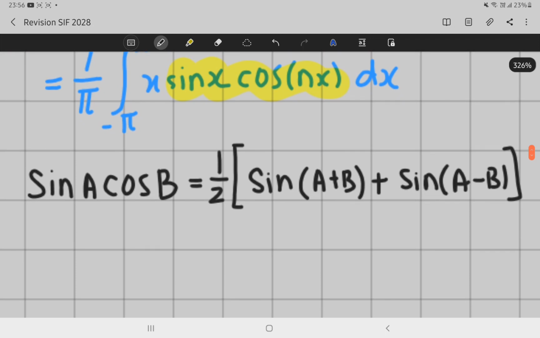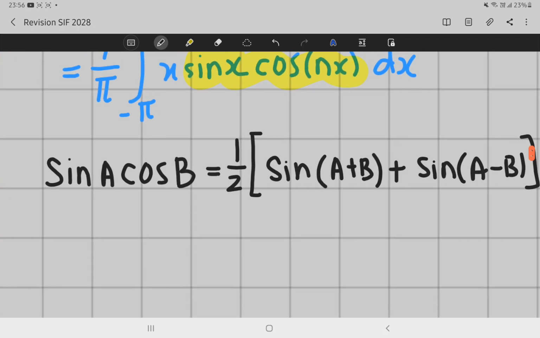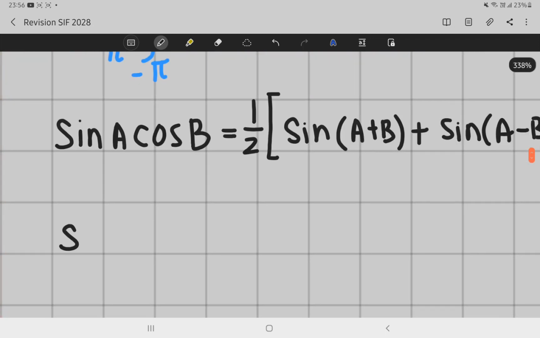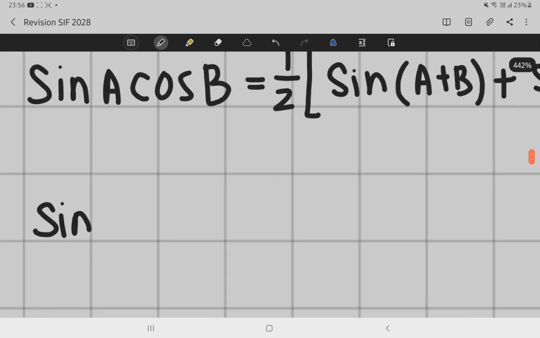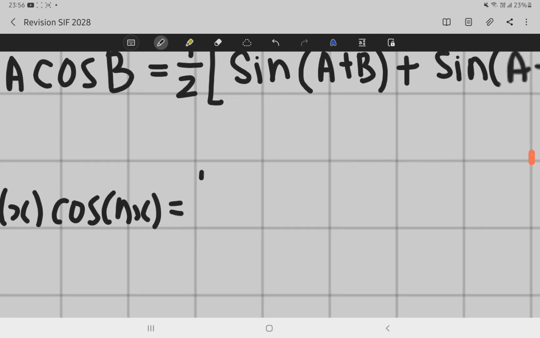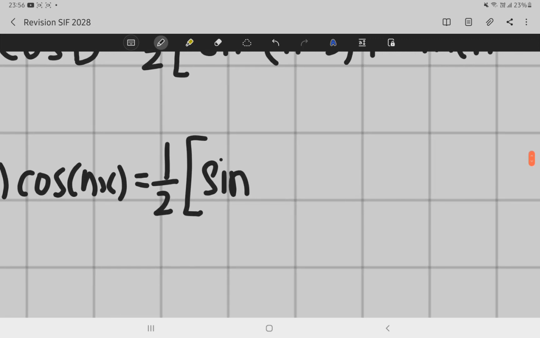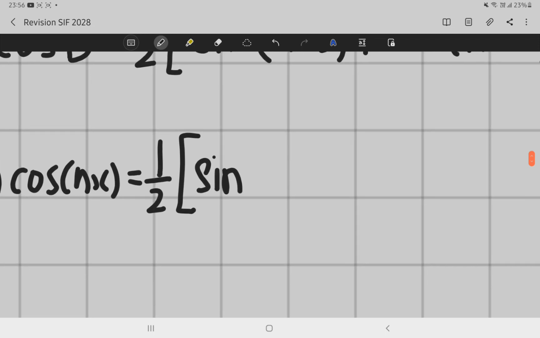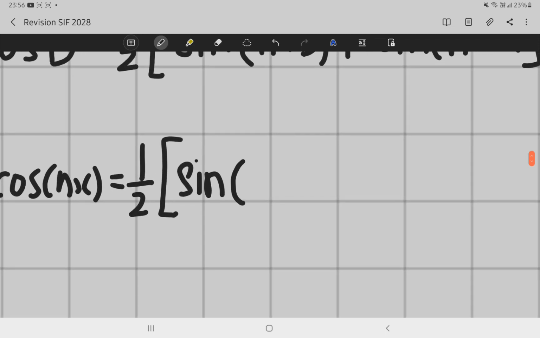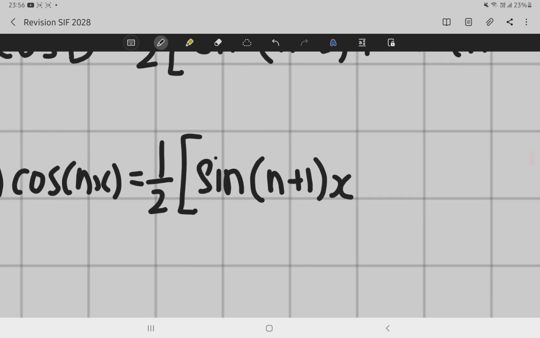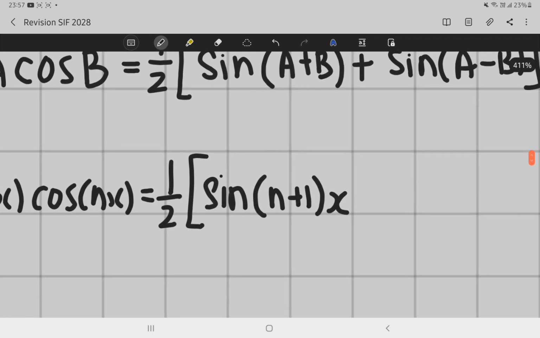Okay, so let's evaluate that. So if we have sine x cosine nx, it is just half sine a plus b, so x plus nx, which is n plus 1 x, right?